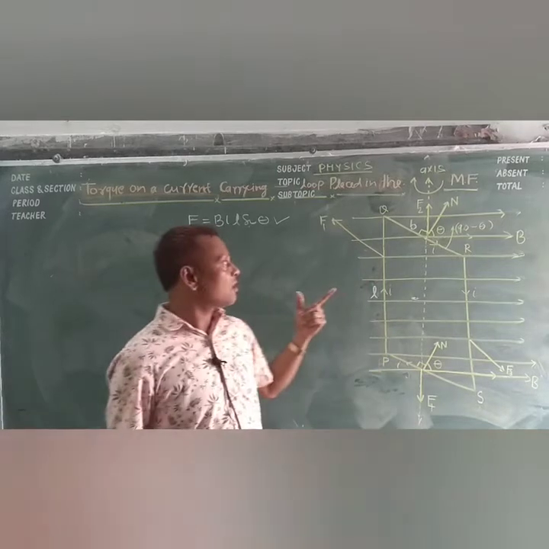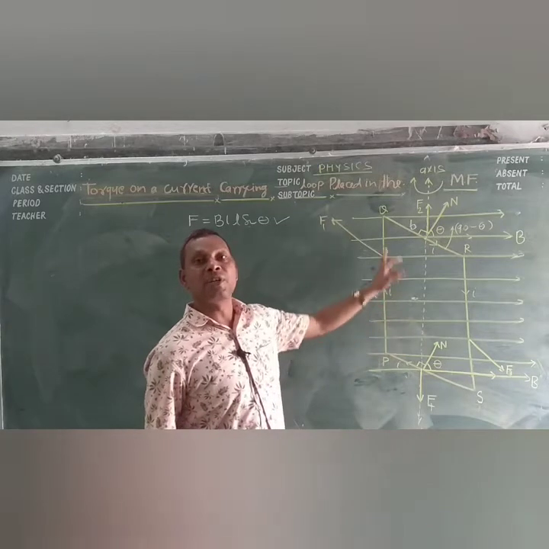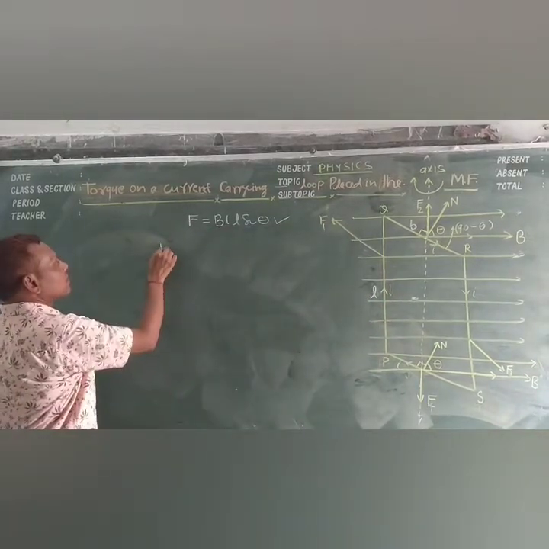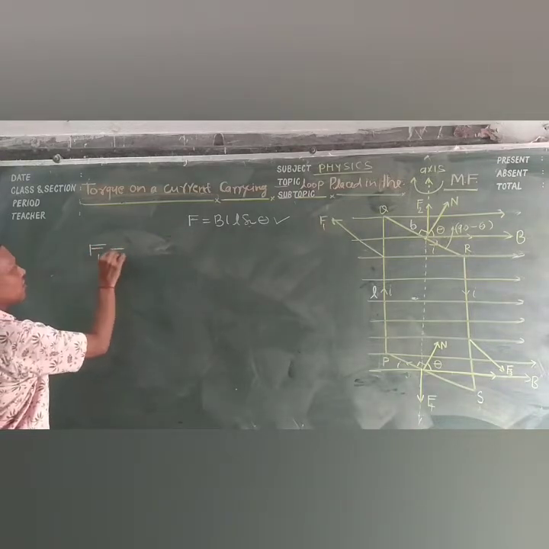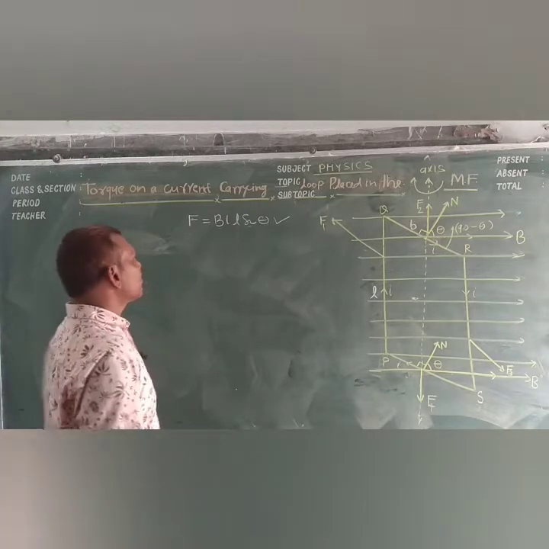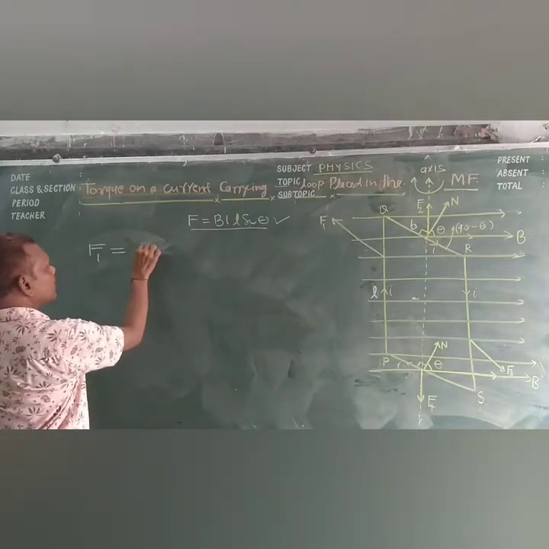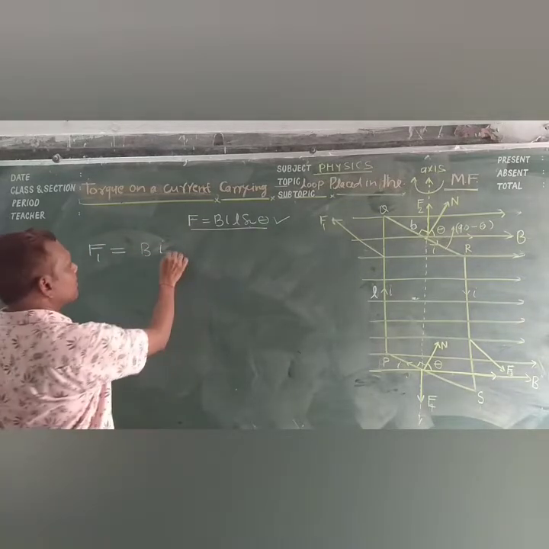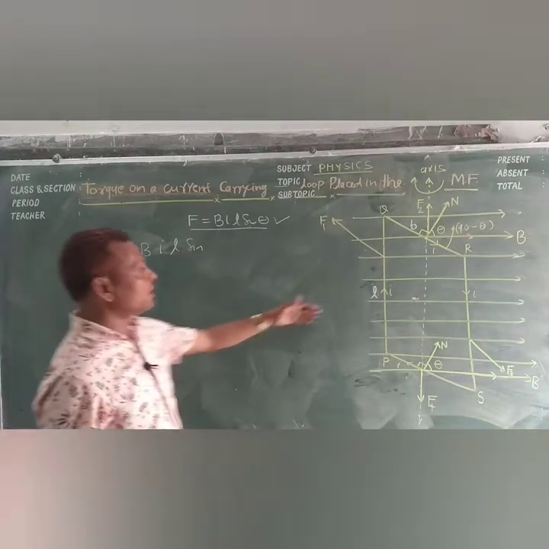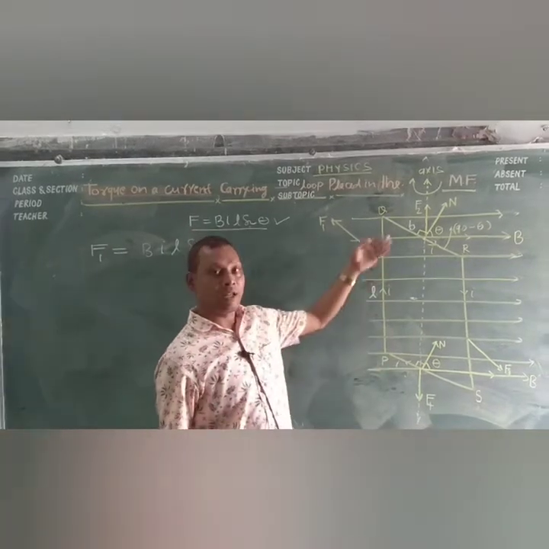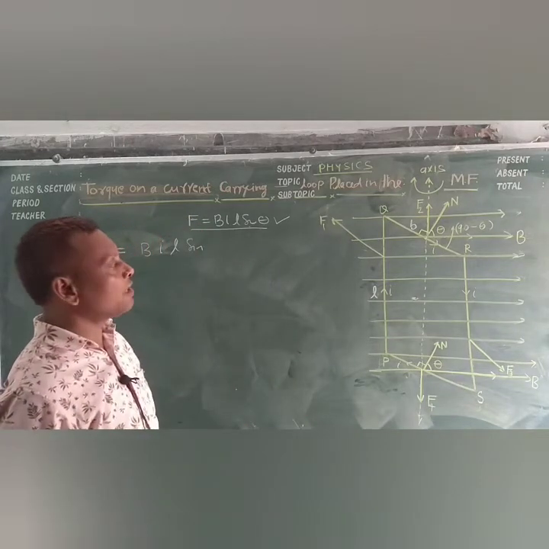We want to determine these forces. So at first, the force on arm PQ is given by F1 equal to, using this formula, BIL sin theta. B is magnetic field, I current, L length, and theta is the angle between current and magnetic field.